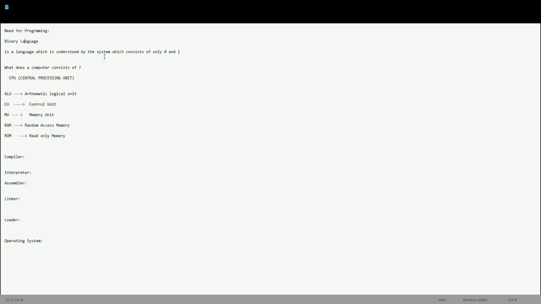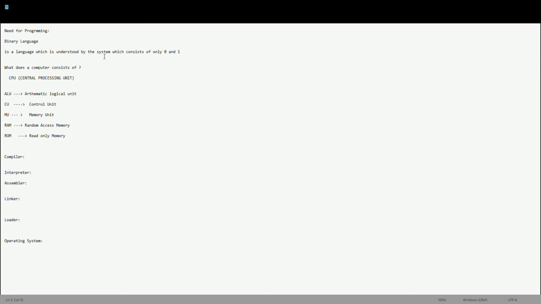So we have introduced a language called binary language. Fortunately, the system very easily understands the binary language, which consists of only zeros and ones. Once again I repeat, binary language is a language which is easily understood by the system, which consists of zeros and ones.